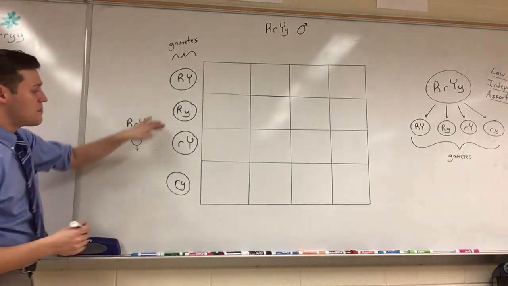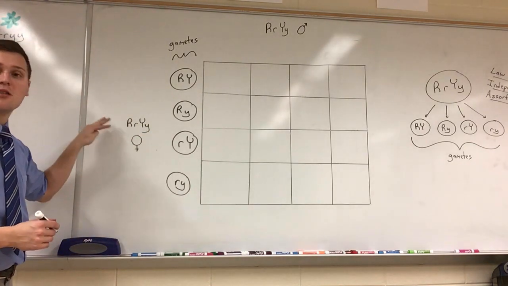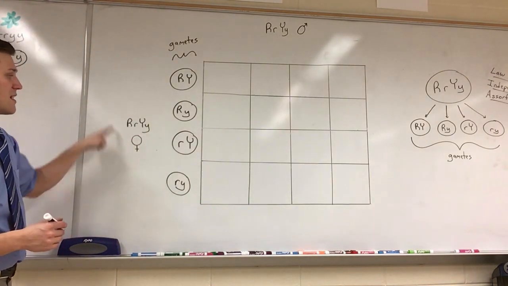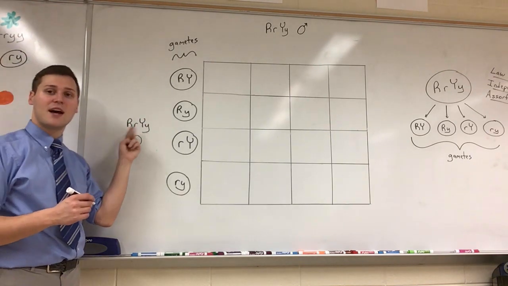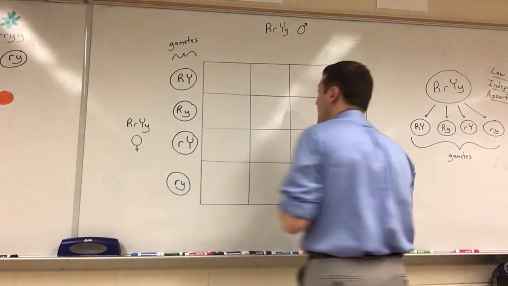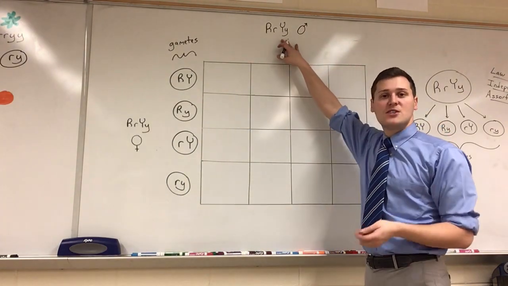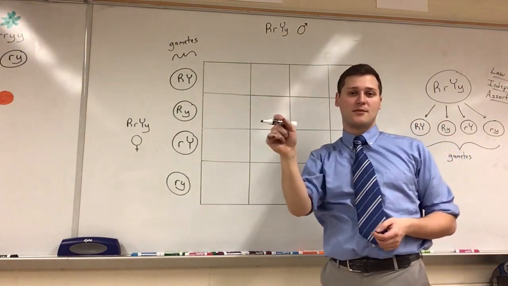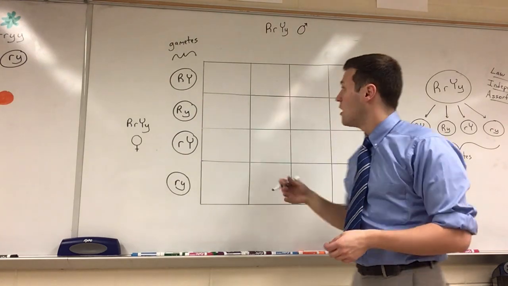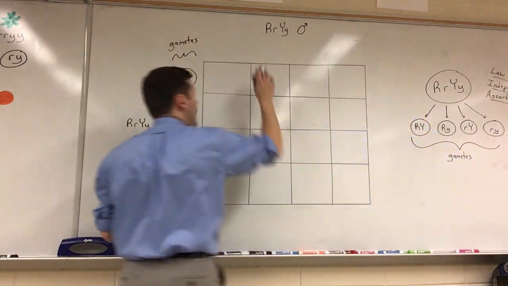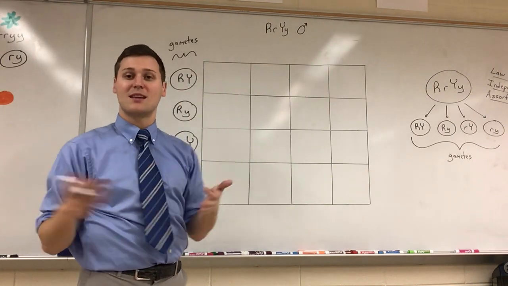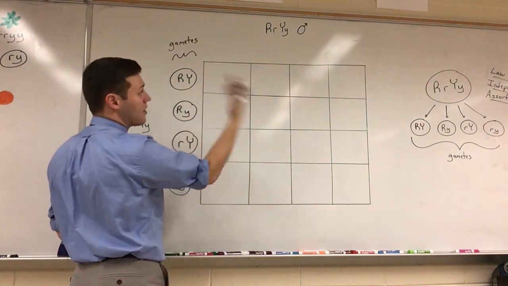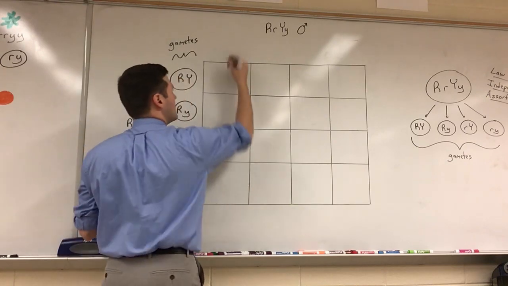So these are all of the possible sex cells that the female part of the plant could produce if the female has this double heterozygote genotype. Now, if the male part of the plant also has that genotype, that plant will produce the same gametes, except they'll be pollen, because it's a plant.